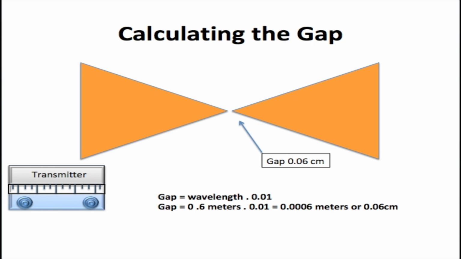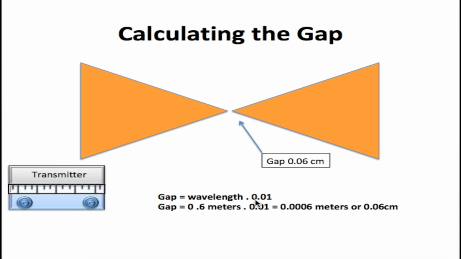The next important dimension to calculate is the small gap between the elements. This gap here. This gap is critical for proper feeding and impedance matching. The gap should be 1 to 2% of the full wavelength. Now under here, I have this equation. Gap is equal to wavelength times 0.01.